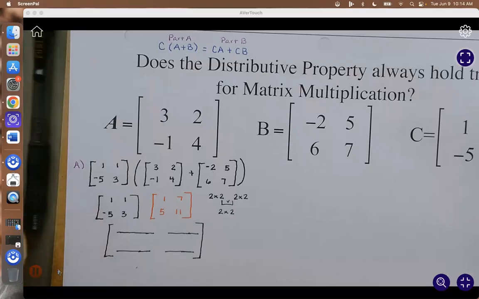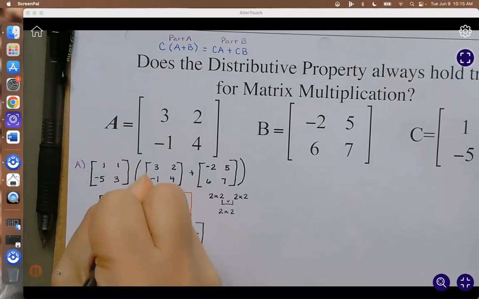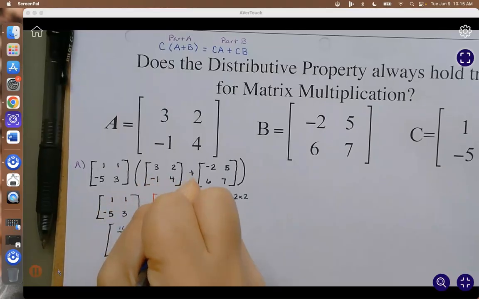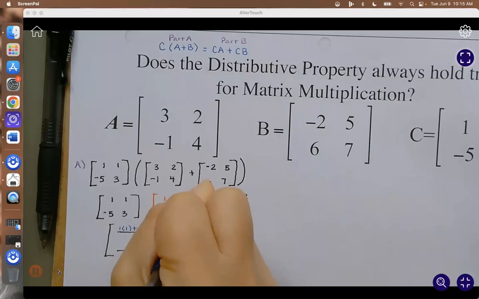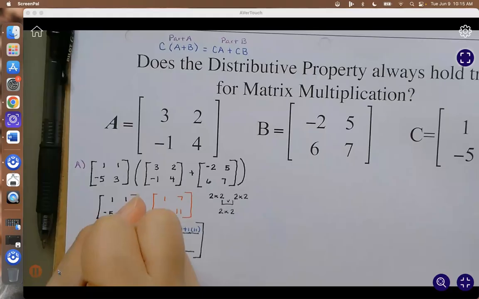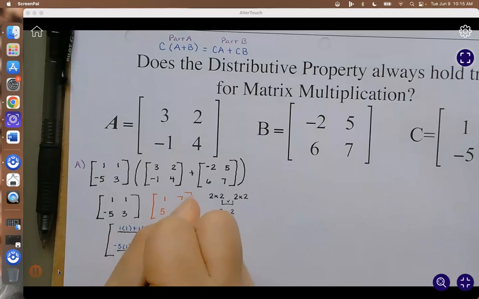All right, so here we go. 1 times 1 plus 1 times 5. 1 times 7 plus 1 times 11. Negative 5 times 1 plus 3 times 5. Negative 5 times 7 plus 3 times 11.